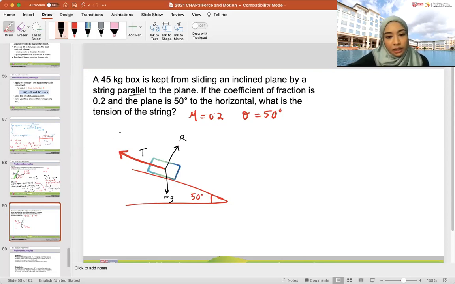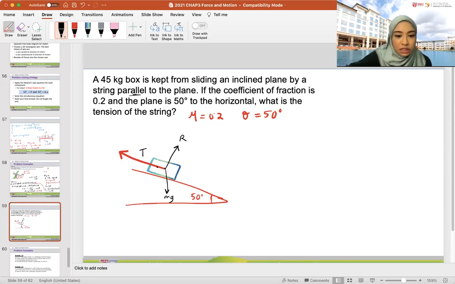Where is my friction happening? Is it to the right or to the left? To the left. So Safa is saying to the left. Soh is saying to the left. Kenapa? We have a string over here. Does it change anything? It needs to oppose the motion.